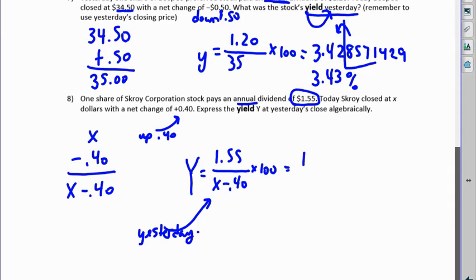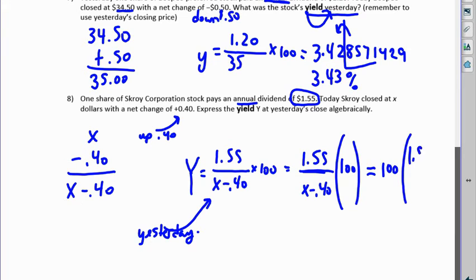So might be better to write it without the times symbol, maybe with the dot, or better looking with the parenthesis. But again, numbers, we like to write them in front. So maybe it'd be better to put the 100 in front and the 1.55 and X minus 0.4 in parentheses.